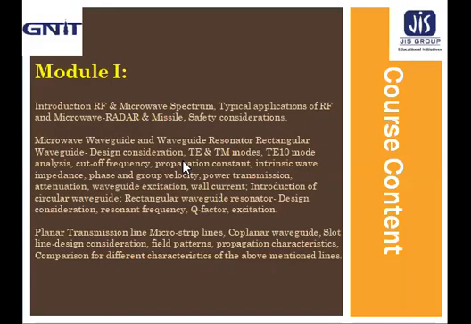Now, this is module 1. Under this module 1, there are different topics. First, there is introduction to RF and microwave spectrum and the typical application of RF and microwave in radar and missile, and the safety consideration of RF and microwave.